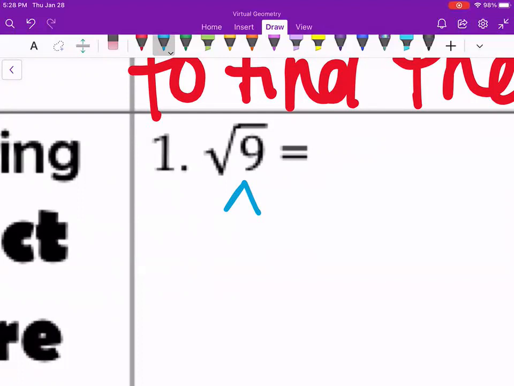And we want to use a number other than 1 and itself. So in this case, I know I can do 3 times 3. Now we have a pair of 3s. And that's what we're trying to find when we break down any value inside the square root. We're looking for pairs of numbers.